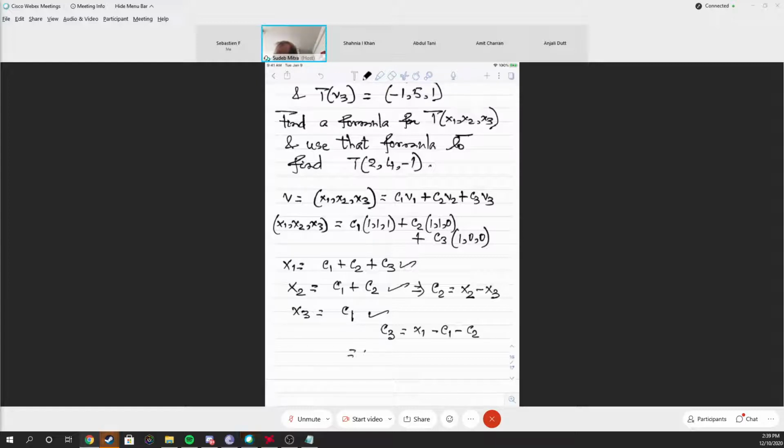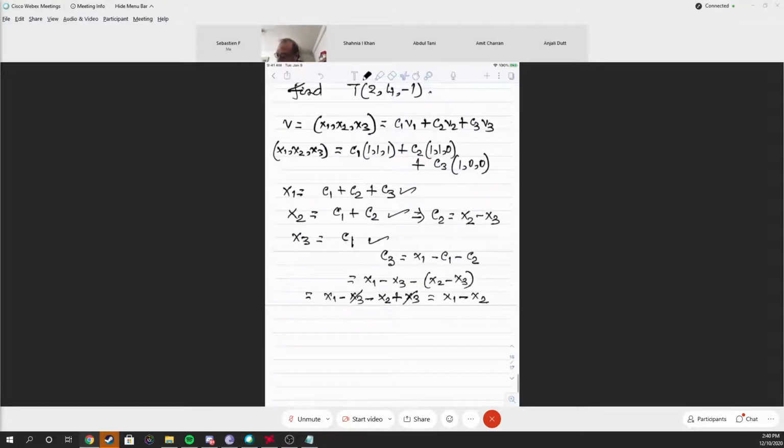That is x1 minus x3 minus C2, which is x2 minus x3. So that is x1 minus x3 minus x2 plus x3. Okay, that is my C3.